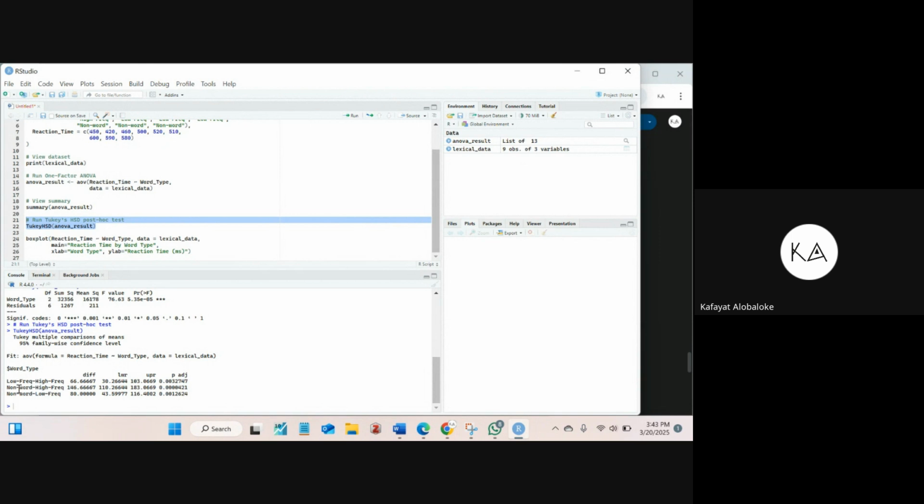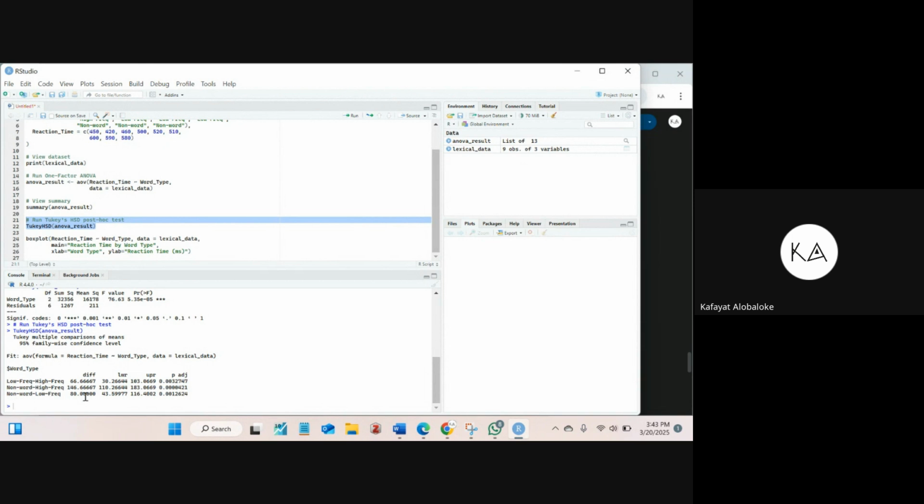Now, the first one here is telling us that the low frequencies versus the high frequencies, their difference is 66 points. Then the non-words versus the high frequency, this is the difference, and the non-words versus the low frequency, we have 80.